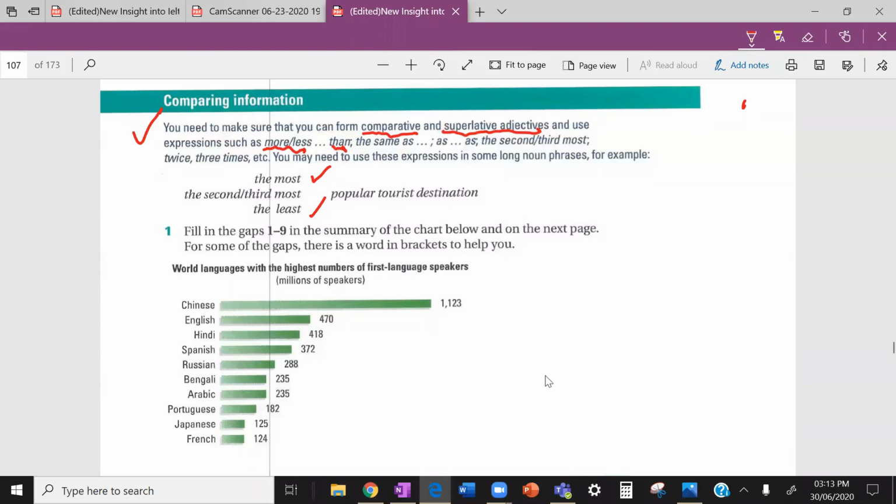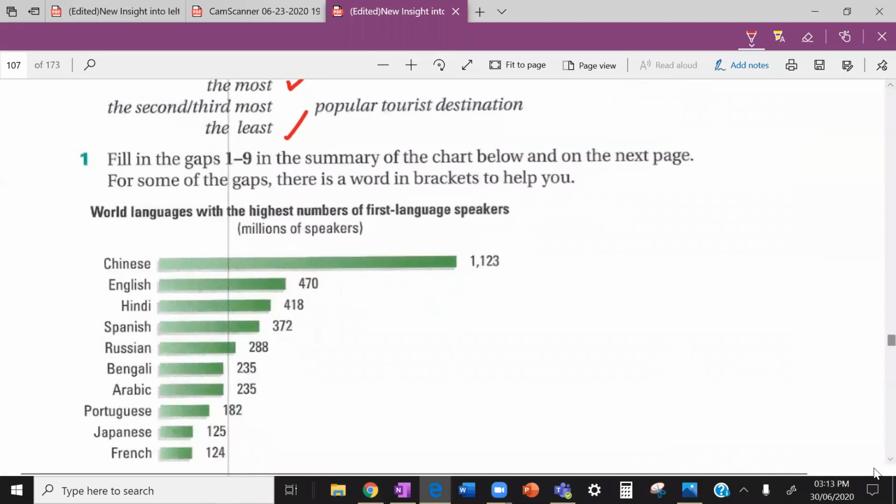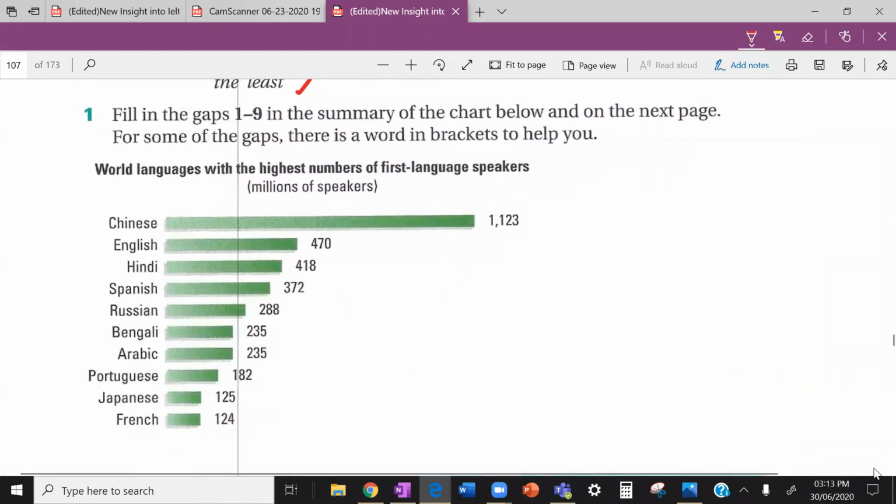We will try using some in this exercise here, and I want all of you to look at this bar chart, which is about language learning in different countries.